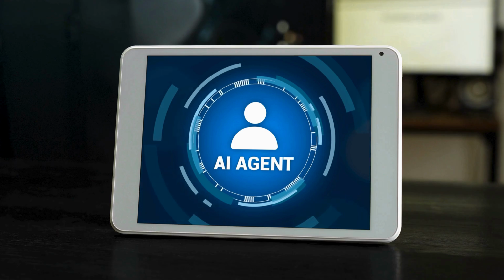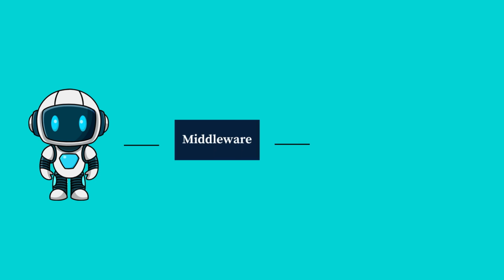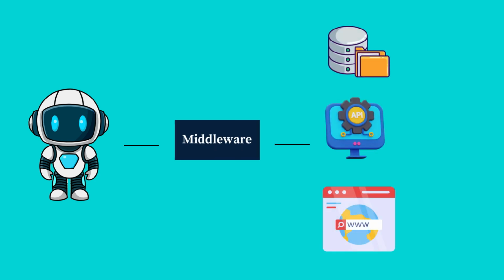So let's get started. So what is middleware? Middleware provides a way to more tightly control what happens inside an agent during its execution. Think of middleware as a layer that sits between the agent and its operation, allowing you to monitor, modify, validate, or control different parts of the execution flow.